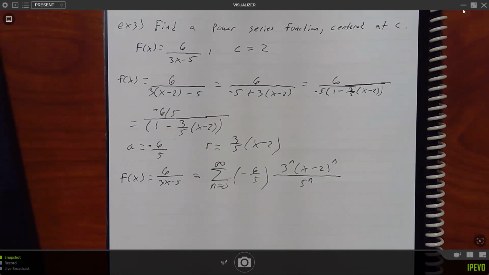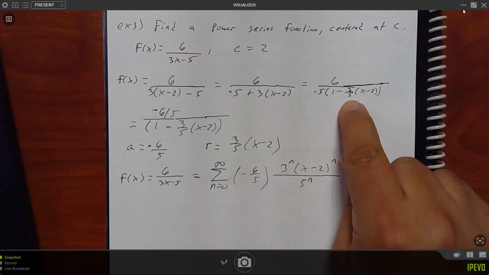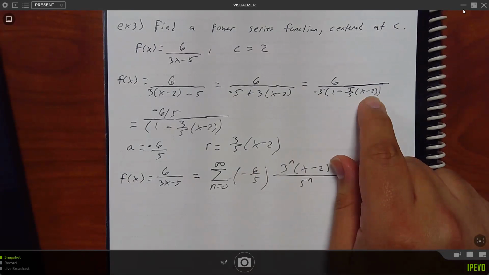It's negative 5, parentheses 1, minus. Okay. Yeah. Oh, it's negative 3/5 times x minus 2.